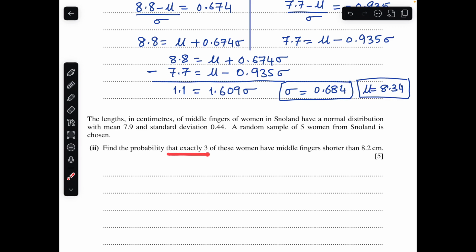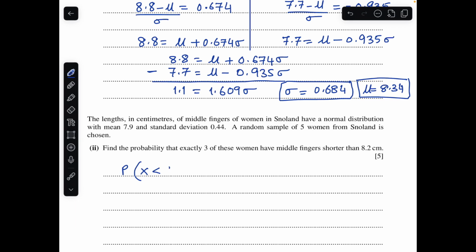So we are choosing exactly 3 women out of 5, and they should have a middle finger which is shorter than 8.2 centimeters. So first we need to know what is the probability of women who have middle finger shorter than 8.2 centimeters. So let's calculate that.